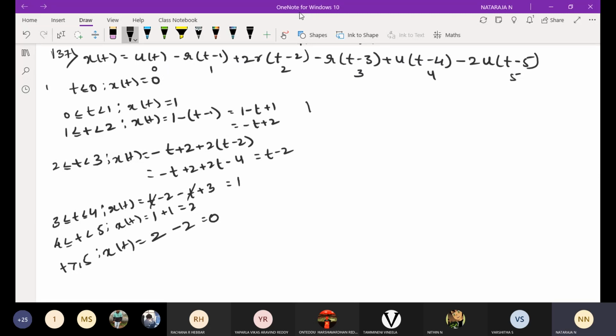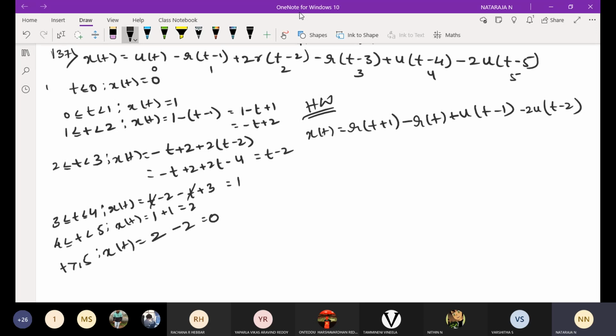Take one homework problem, solve it in assignment book. x of t is equal to r of t plus 1 minus r of t plus u of t minus 1 minus 2u of t minus 2. Okay, solve it in this assignment book. We go for the next problem.